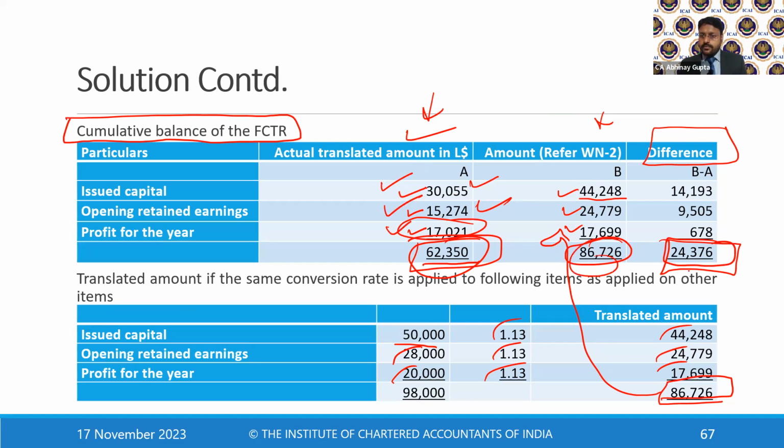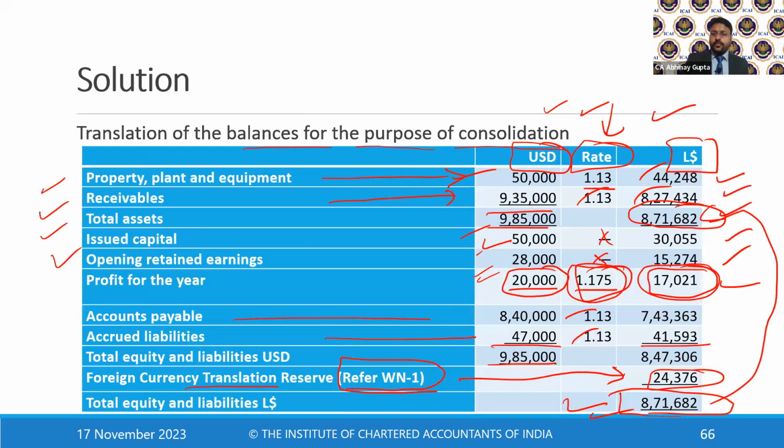So the delta of these two will be in the foreign currency translation reserve, which will form part of my other equity here in the balance sheet, and my converted balance sheet will be reconciled.